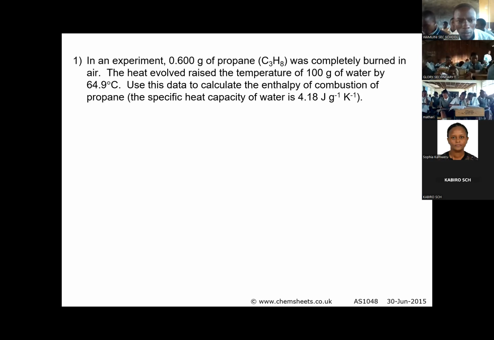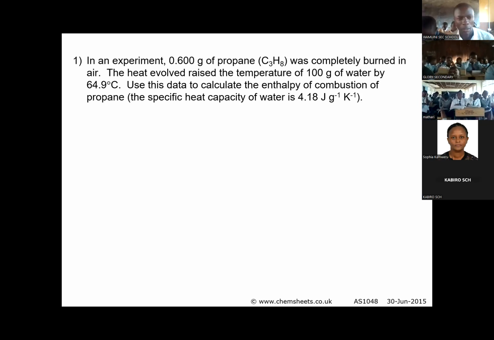Remember, Q is mc delta T. That's m, the mass of water, times this number here, 4.18, times delta T, that's the change in temperature. And then that is eventually all divided by the number of moles of propane. And moles is grams over RMM.